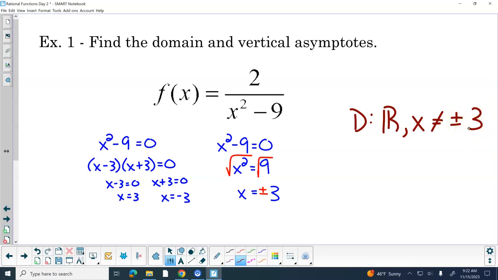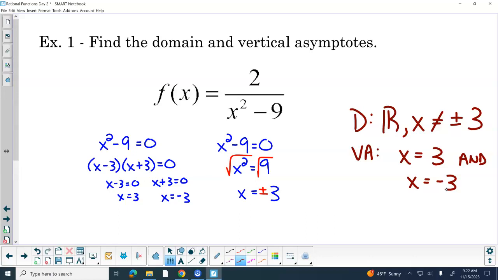If you write out positive 3 and negative 3 there, totally fine. Actually kind of like that more because of the next step. My vertical asymptotes are x equals 3 and x equals negative 3. There, because those are two separate lines, you can't use the plus or minus. You got to write those out separate.